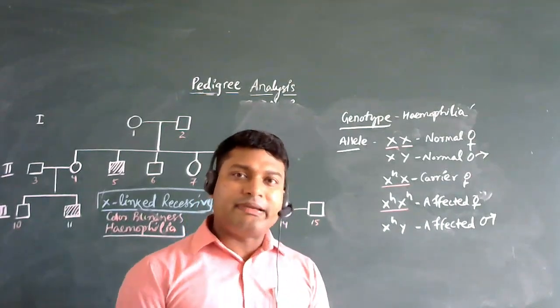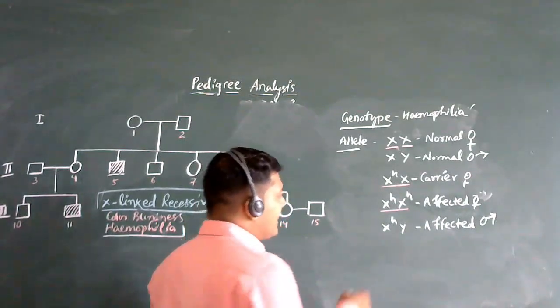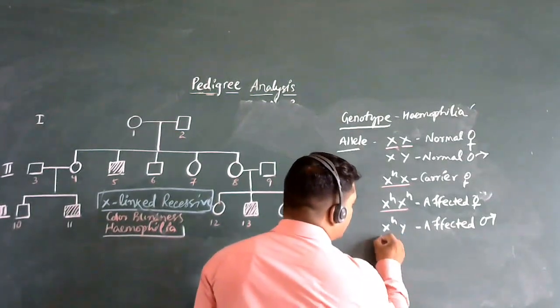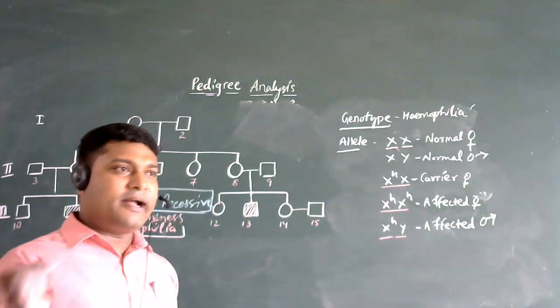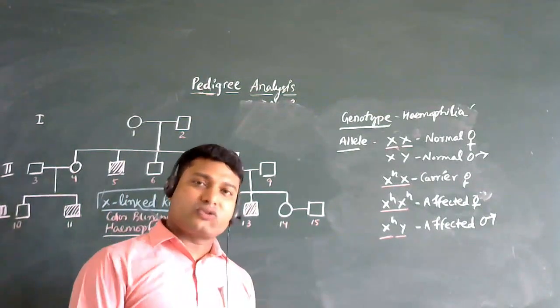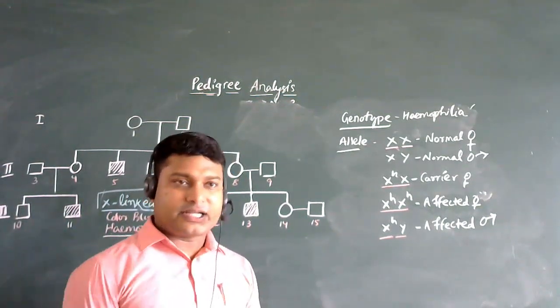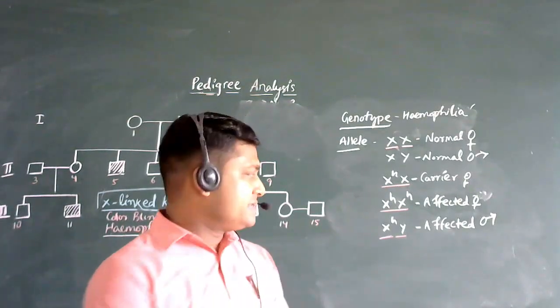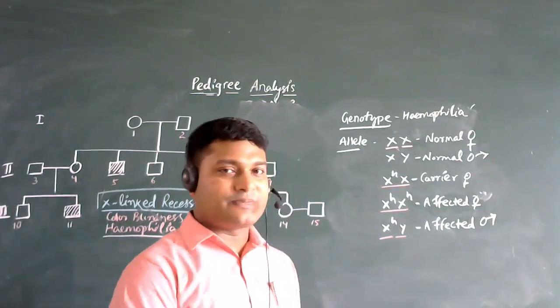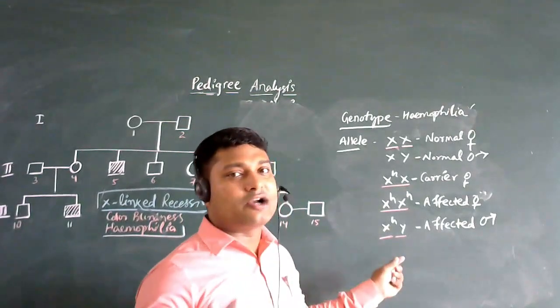But what happens in the male is slightly different. In the male, we have only one X chromosome, and there is another Y chromosome. So the moment there is any defect in the X chromosome, it is going to be expressed. Same thing for the Y also. A male cannot be a carrier.